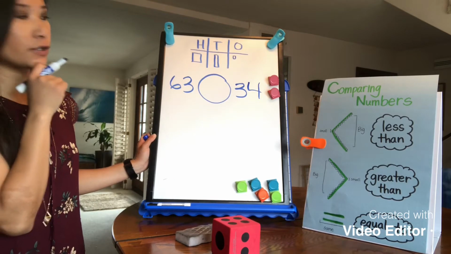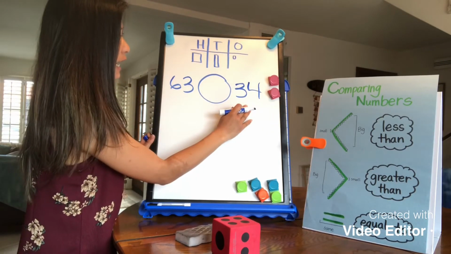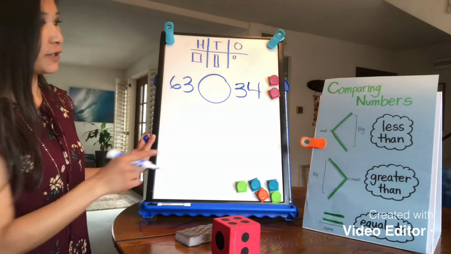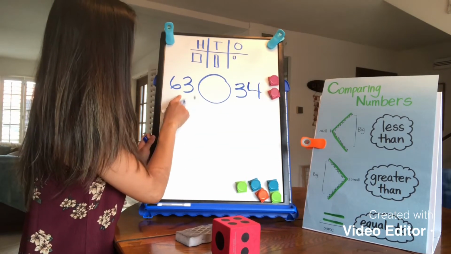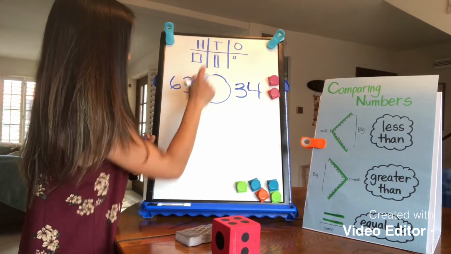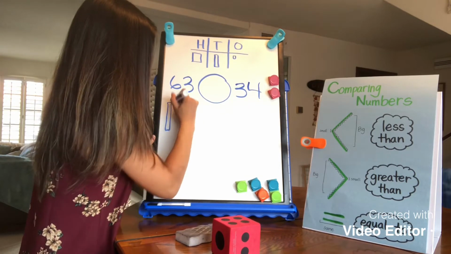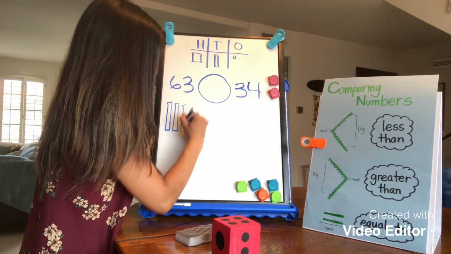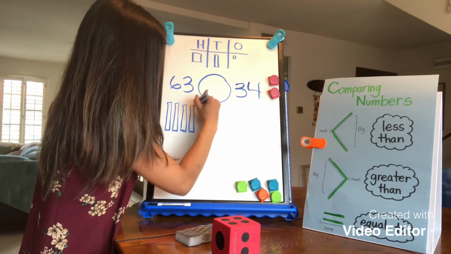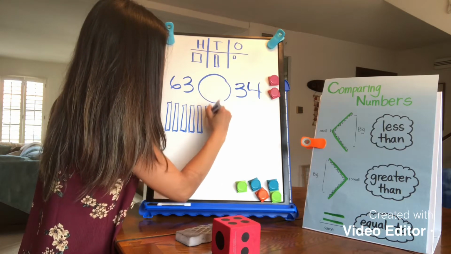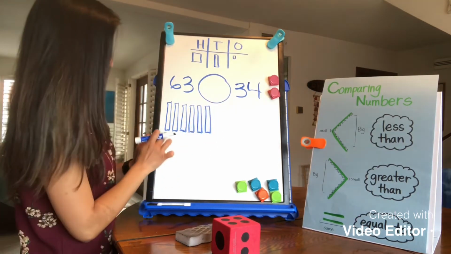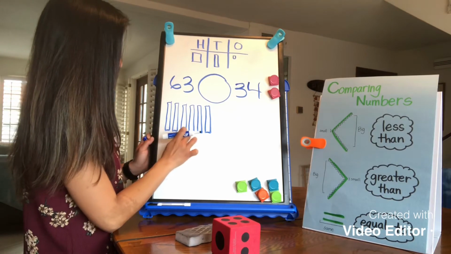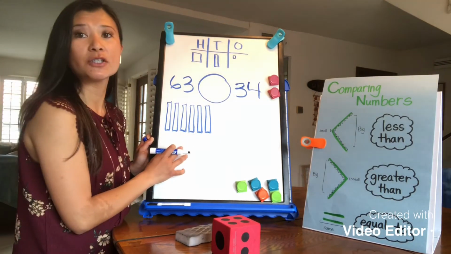So let me just draw both of these numbers out using base 10 blocks and see if I can use the correct symbol. So 63 has 6 tens, which is actually 10, 20, 30, 40, 50, 60, because remember, mathematicians double check their work.